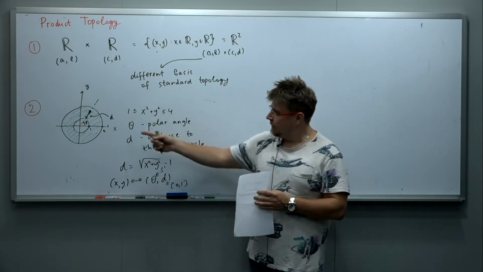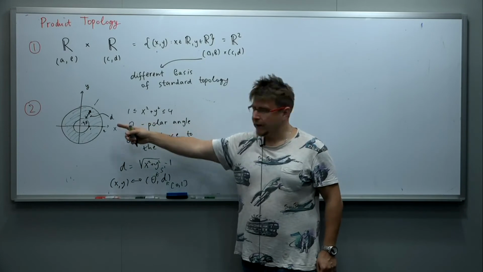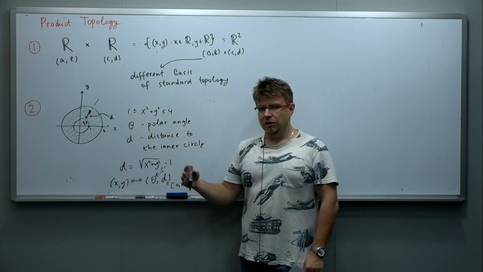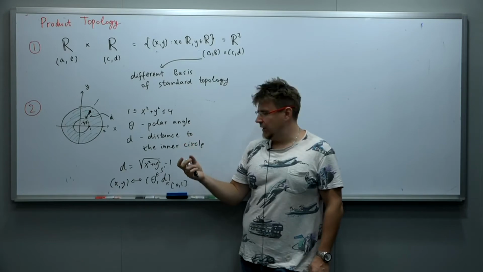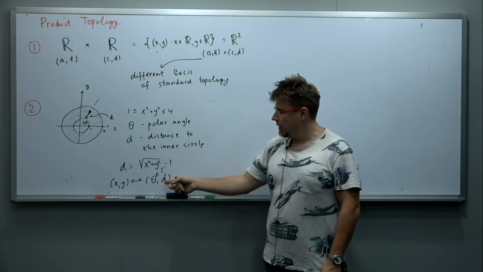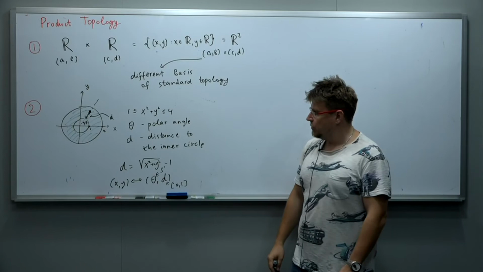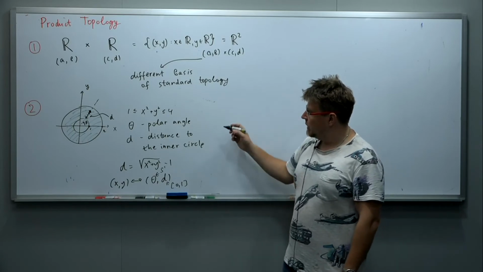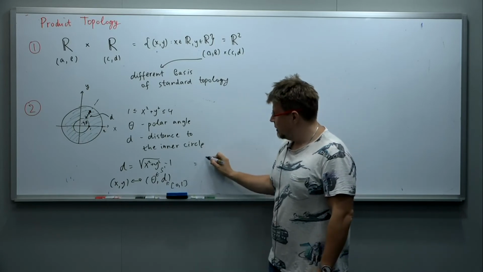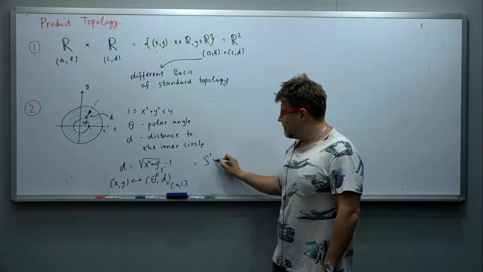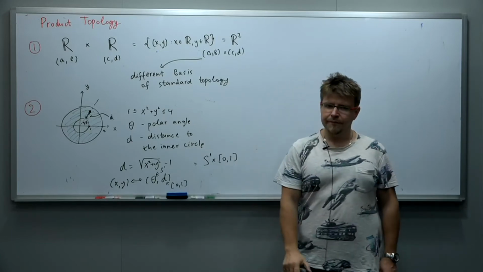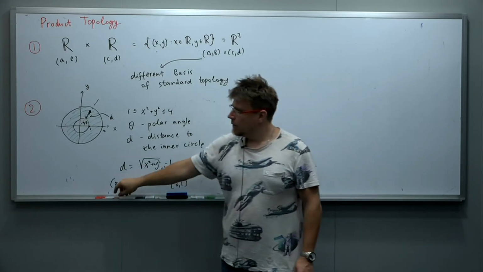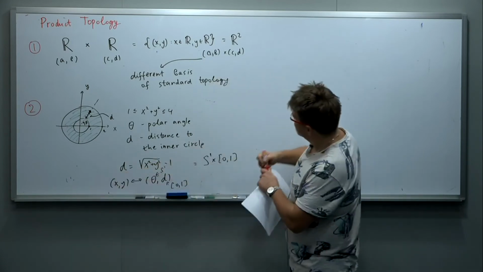So in other words, every point of this annulus corresponds to a pair where the first entry is a point on the circle and the second entry is a point on the unit interval. Which means that this annulus is actually the circle product with the unit interval from 0 to 1.